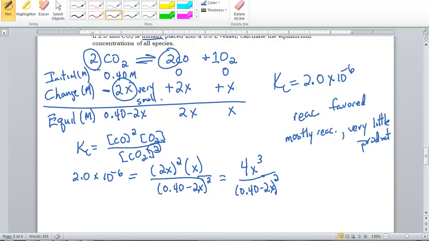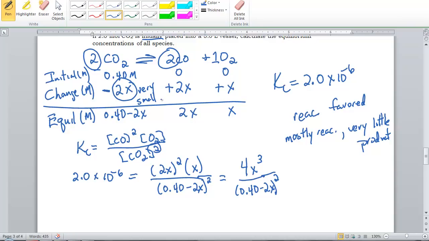Okay, we know some reactant's going to go to product, but not much. So that 2x term is going to be really small. How do I know that? The magnitude of K. Really small K, mostly reactant at equilibrium, very little product. So the amount of reactant that goes to product is really small.